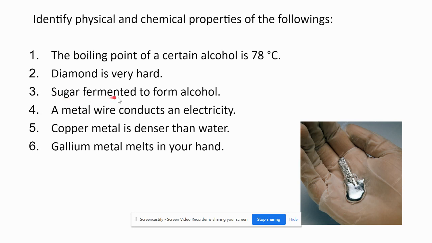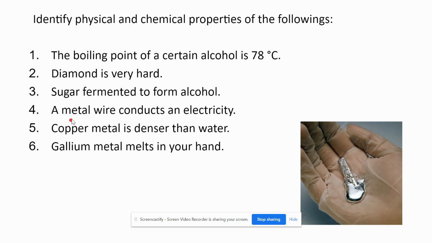Sugar fermented to form alcohol. You can see in this case, sugar will undergo a chemical reaction and change to alcohol. After this reaction is done, sugar is not sugar anymore. It becomes another compound. So number three here is a chemical property.